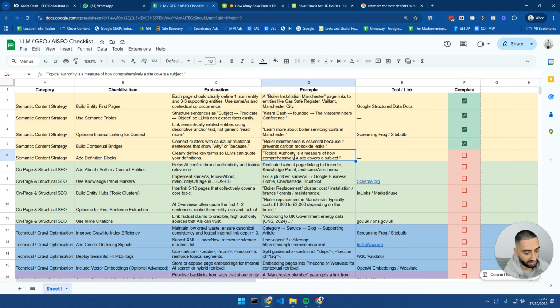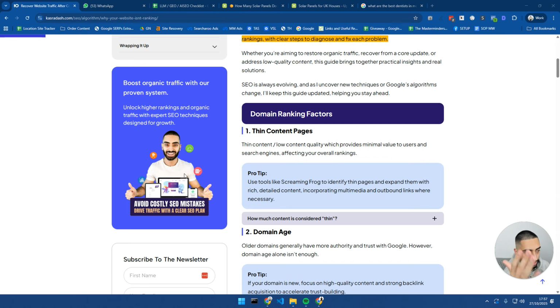But in some cases, if you're talking about a certain subject or a certain niche product, you need to train the LLMs on what that specific product is. The best way to do that is by having a section on your web page doing that.